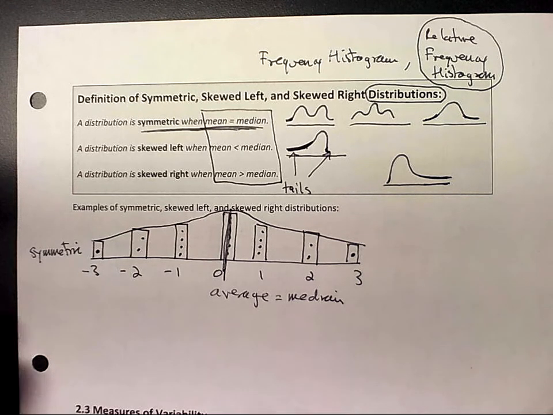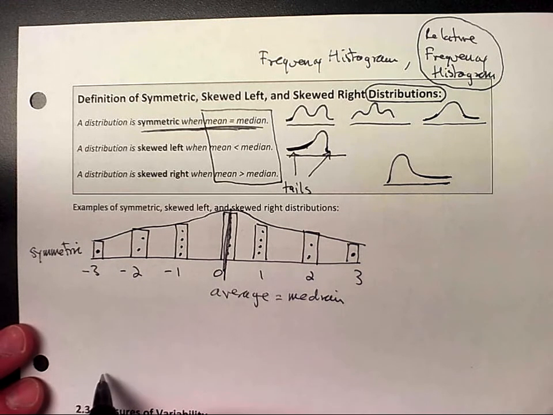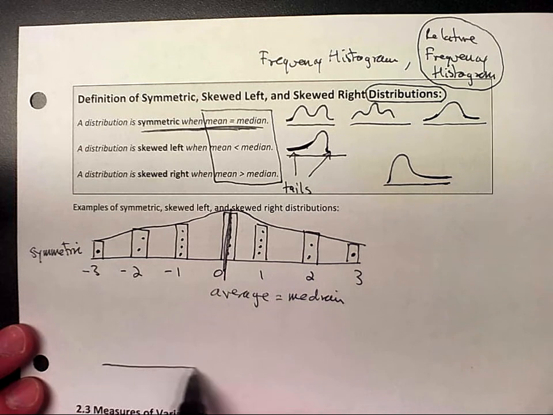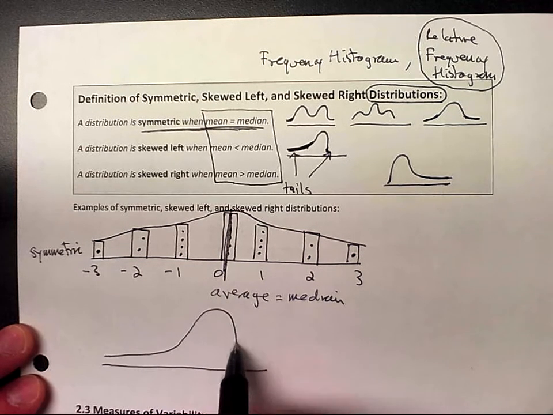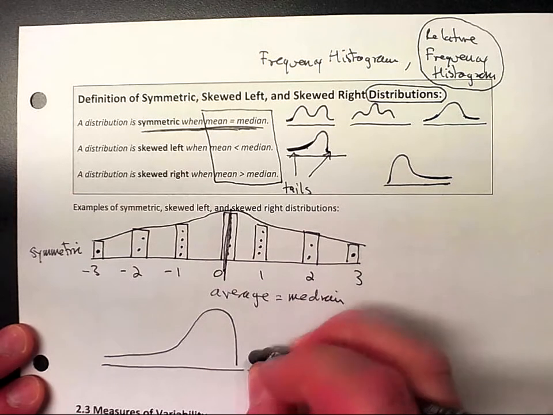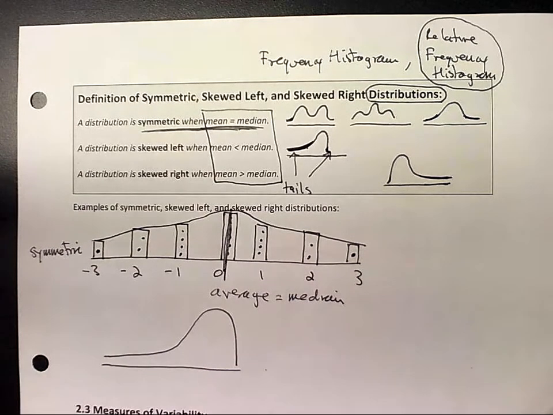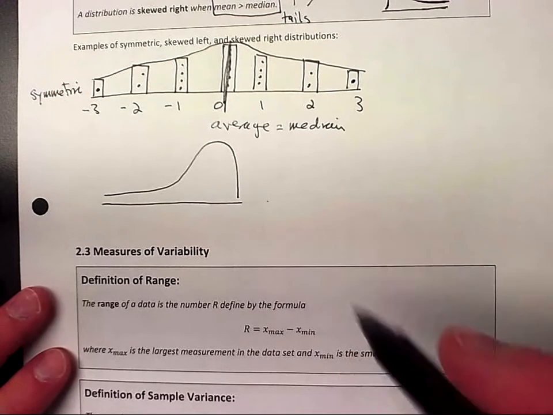All right. Then let's look at a skewed left distribution. So if we have a skewed left distribution, we have a distribution that looks something like this. Again, what I'm going to do is color in these dots.